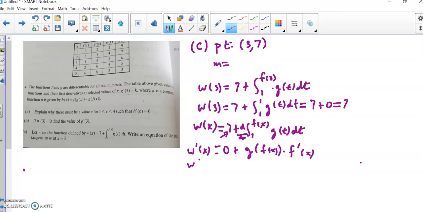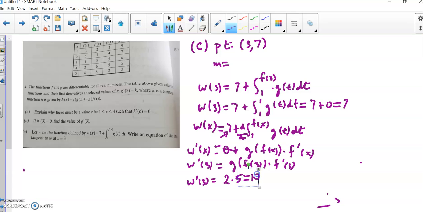So now the derivative at 3 would equal, well, the 0 cancels out, g of f at 3 times f prime at 3. So that gives me the derivative at 3 would equal, well, f at 3 is 1, and g at 1 is 2, times f prime at 3 is 5.